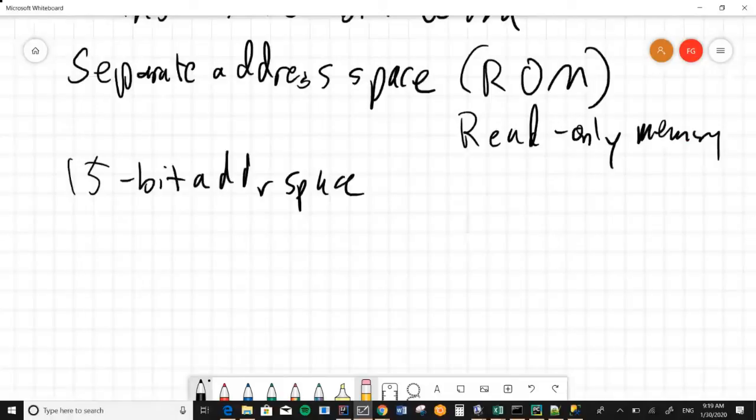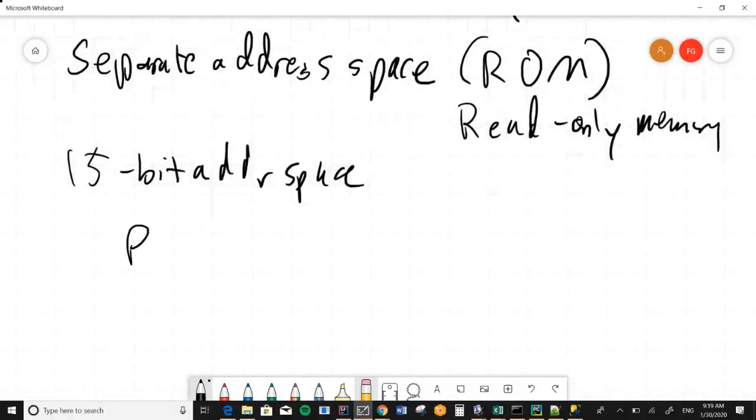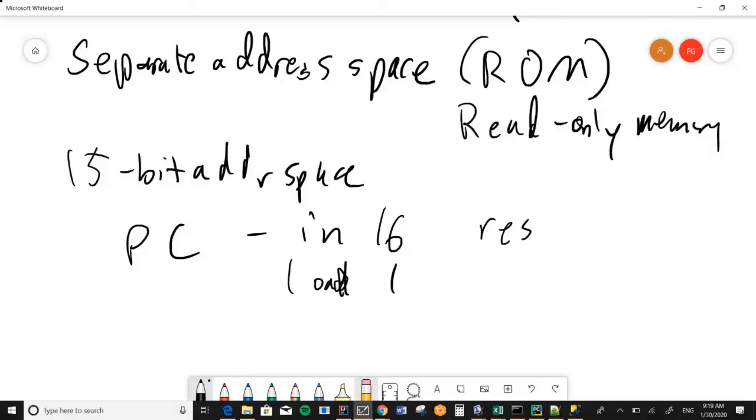So what do we want a program counter to be able to do? Okay. So the program counter is going to have an input bus, 16-bit. Then it's going to have a load bit, 1 bit. But then it's got two other things that are different than other registers.